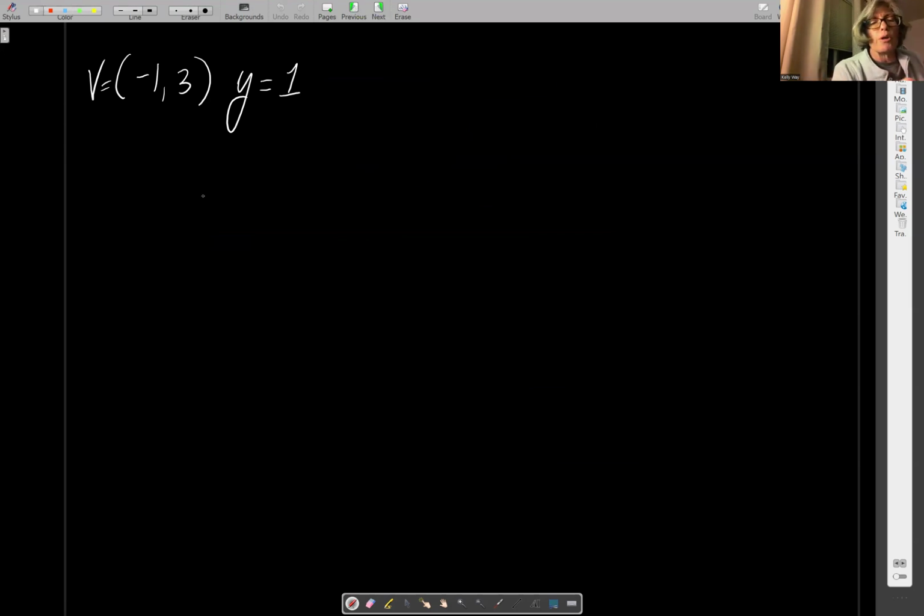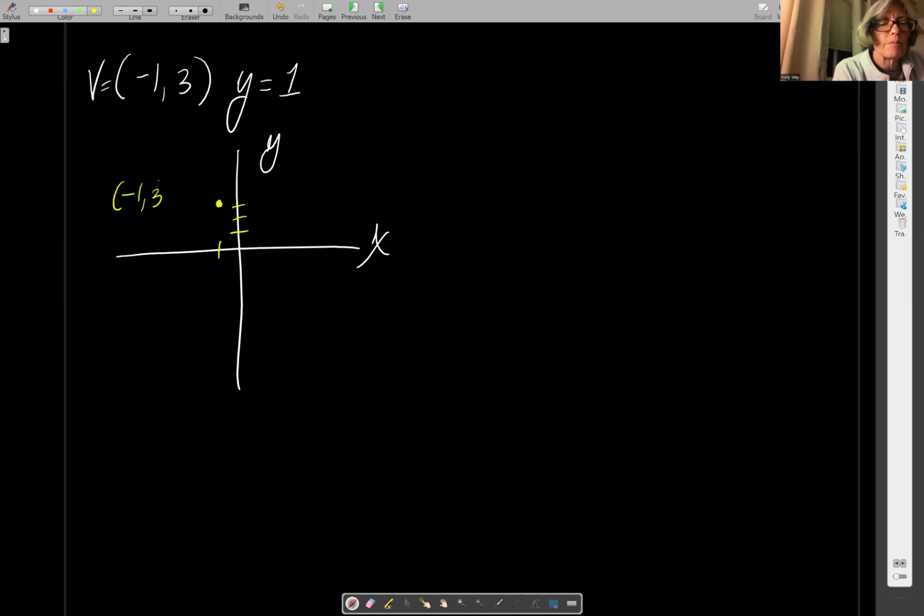So we're going to start with our xy, and our vertex is going to be at -1, +3. So that's going to be our H and our K. And we're saying the directrix here is y equals 1.